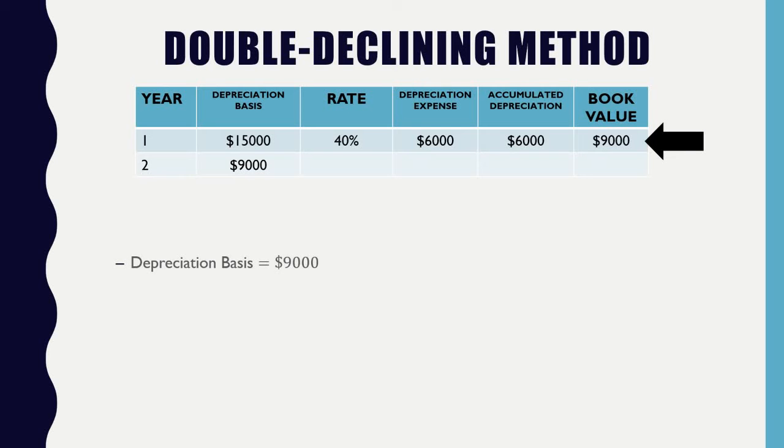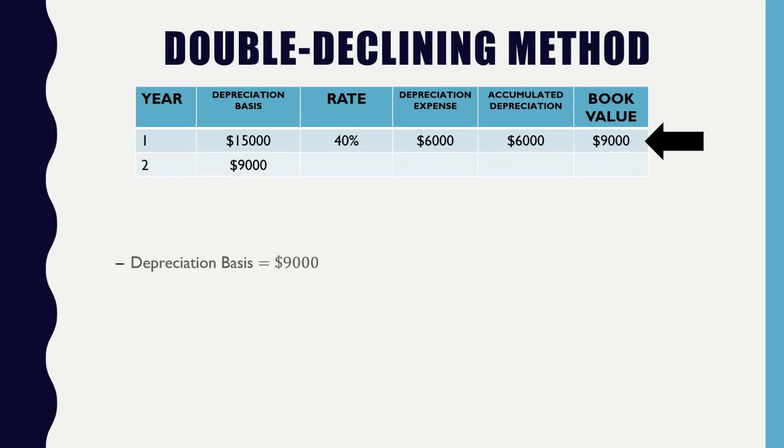All right. You want to solve for the rest for year 2? Okay. Let's see here. So the 1 by 5 is 0.20 times 2.